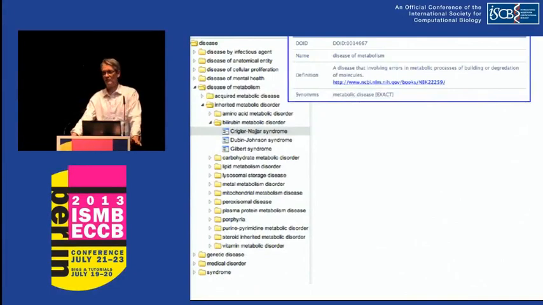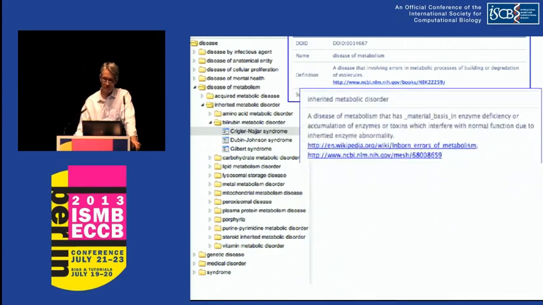So what happens when you actually start to look at a given branch in disease ontology? Here we're looking at diseases of metabolism. You can then look at an inherited metabolic disorder. So this starts pulling us in closer to the OMIM view of diseases, so an inherited disease. And then you can look at the children of that.